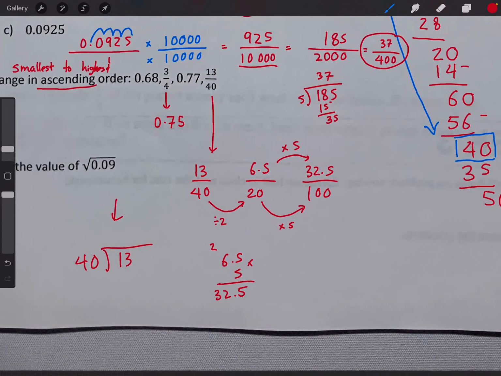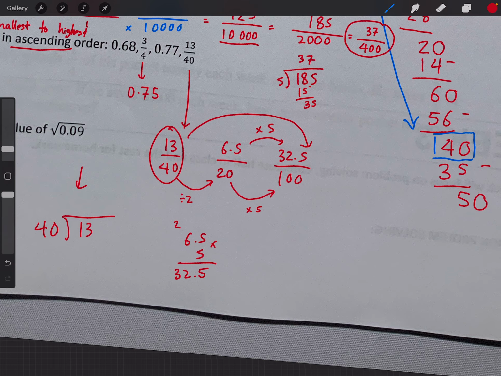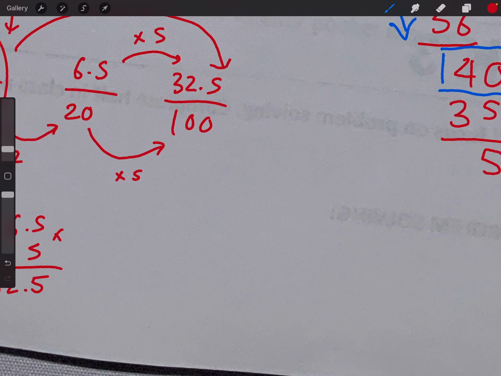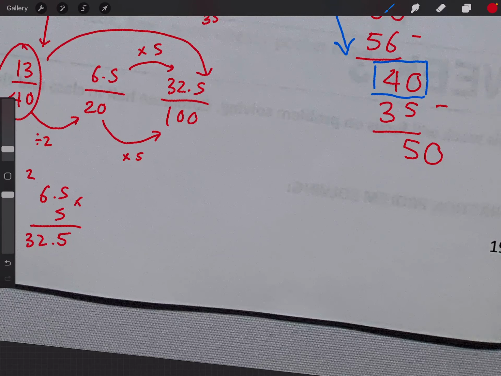Alright, so therefore 13 over 40 is the same as 32.5 over 100. Okay, so now let's just change this into decimal. Actually it wasn't a decimal from the beginning. So 32.5 is being divided by 100.